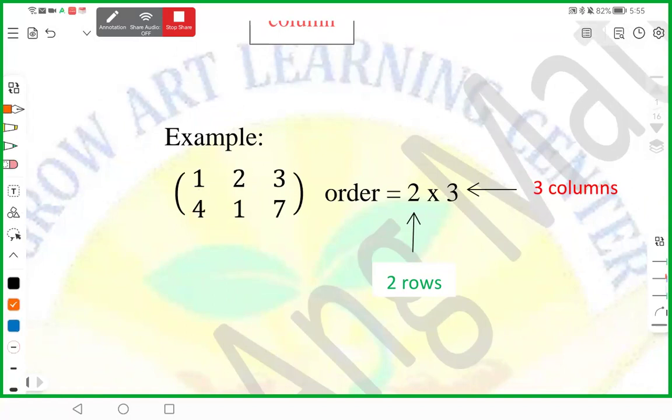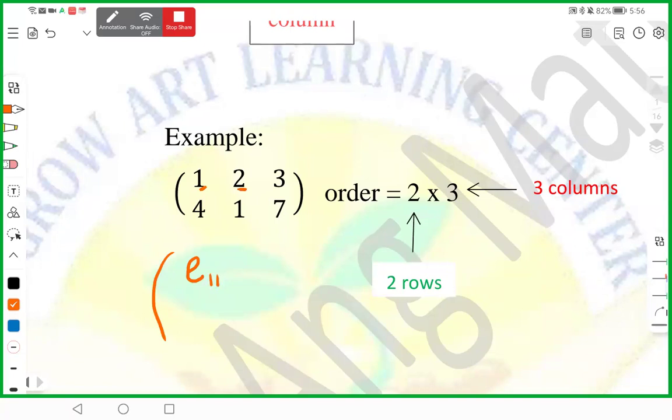Then each element means a member inside the matrix, the group. Each element has a name, according to its position. Same thing here, I will write E. E stands for element. This element is situated at the first row, first column, so E11.